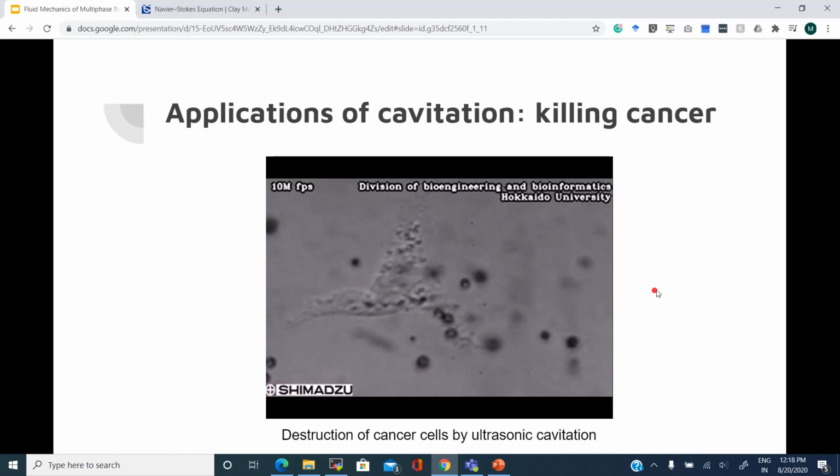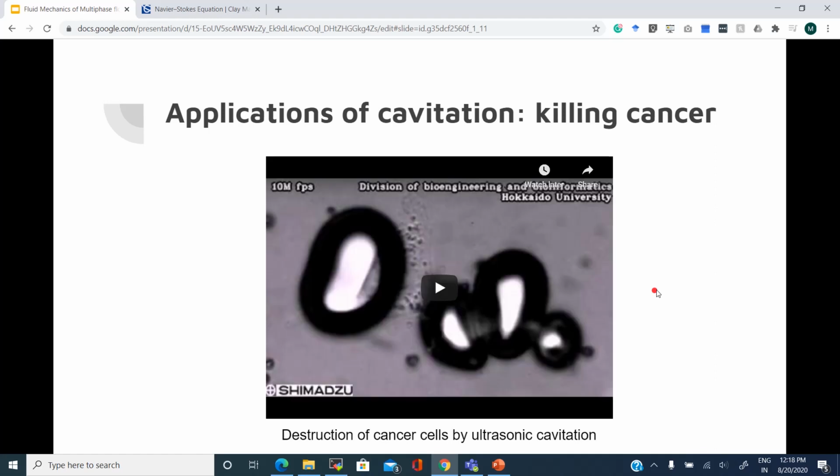So you can see how these bubbles expand and contract, and that's how they kill the cancerous tissue. These are very tiny bubbles, by the way, and this is a very fast process. You can see this is 10 million frames per second.